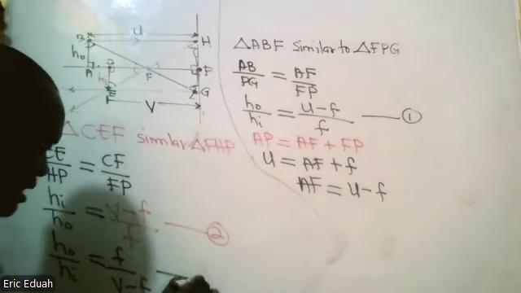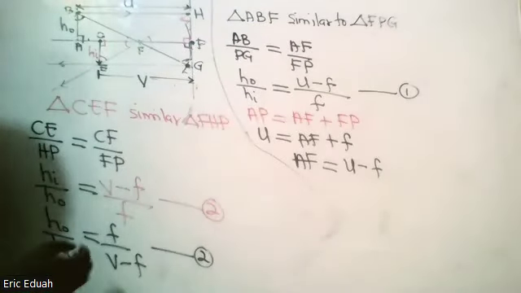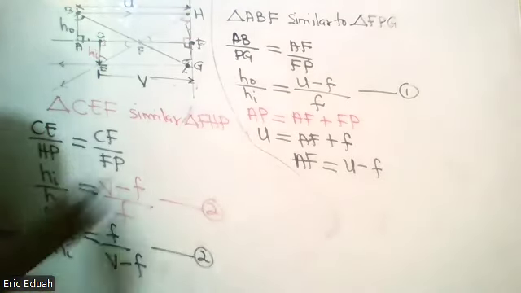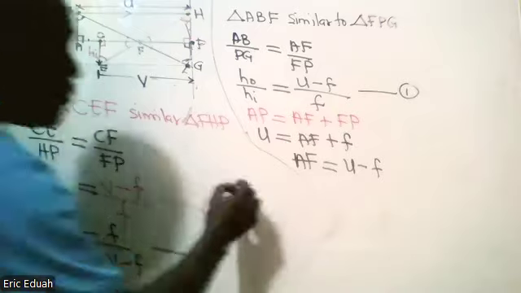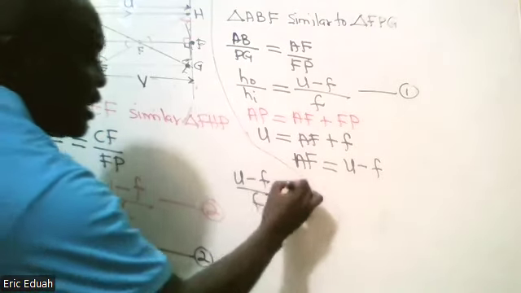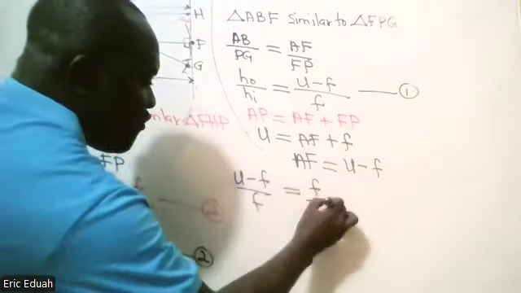This is the same as equation 2; we haven't changed it. Now, because we have made it look like equation 1, we can equate the right-hand sides because the left-hand sides are equal. So (U minus F) over F is equal to F over (V minus F).